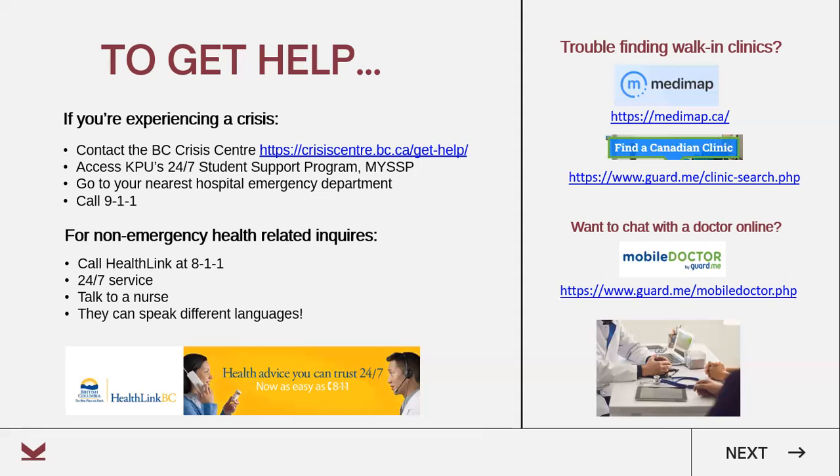With the website here, MediMap, and also through GuardMe, clinic search, both of these links will help you to find the closest walk-in clinic to where you are. So make sure you go and take a look, like I said, to learn about some of the closest walk-in clinics to you in case you do need it, right?